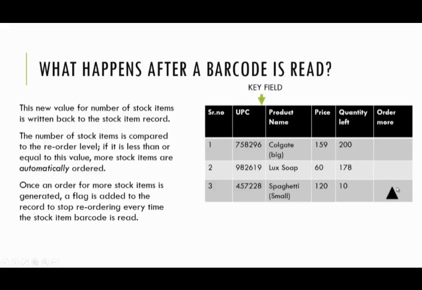Now don't send an email again and again every time this barcode is scanned. Otherwise, every time the computer scans this, it says yes, it is less than 11, so order more, order more, order more. Then they will have so many orders at the same time. So this is a kind of flag that tells that it has already been ordered, you don't need to order again and again.